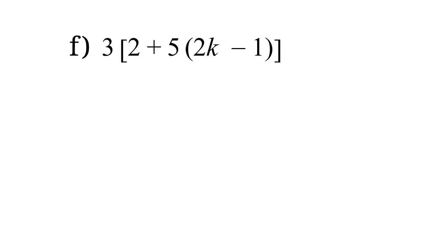So with the round set of brackets, we have a 5 directly in front of it. So what we're going to do is distribute the 5 into this bracket first. And then we'll worry about the other numbers and the other square brackets that we see. So we're going to put an equal sign. We're going to recopy the 3. We're going to recopy the square bracket. We're going to recopy the 2.